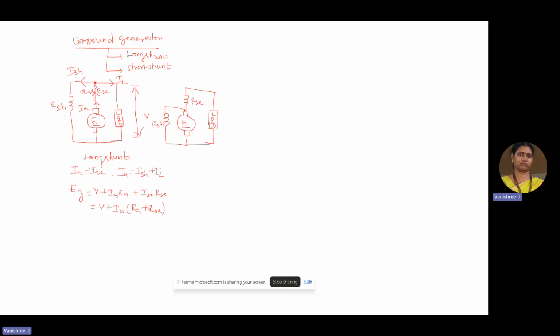The current coming out of the armature is IA. It gets split up into ISH and IL, and the current flowing through RSE is ISE. In this, the terminal voltage across the load is V. So this is the short shunt circuit.